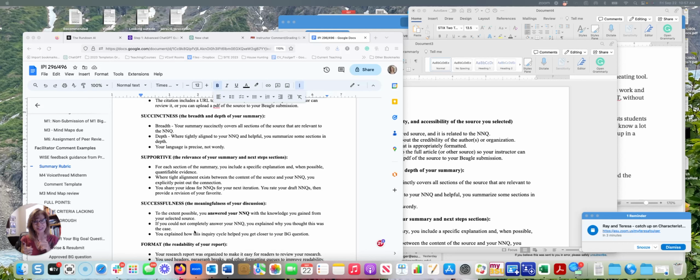I wonder, and maybe you can experiment with this, I wonder if you could feed ChatGPT your big goal question and your current next natural question, and maybe your summary of the article that you read, to see if it could find messages of relevance to your big goal question and your next natural question.